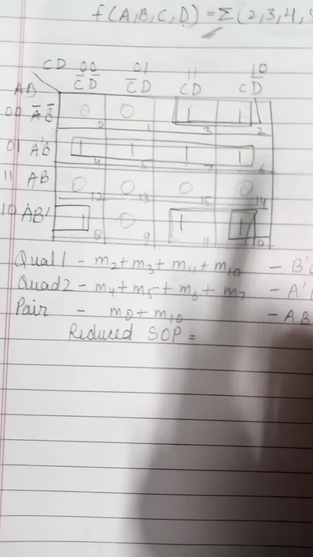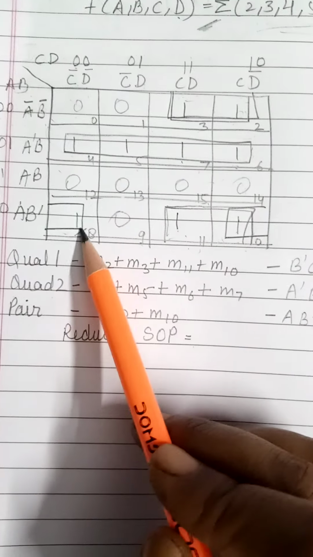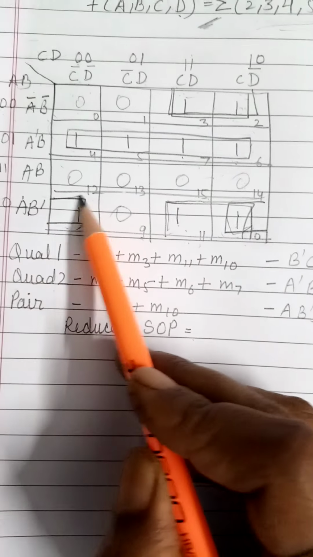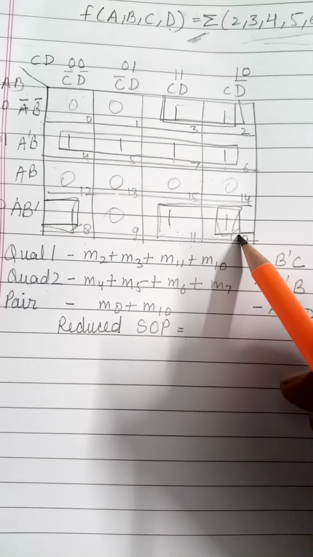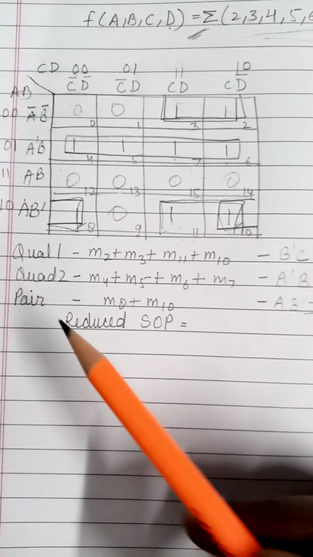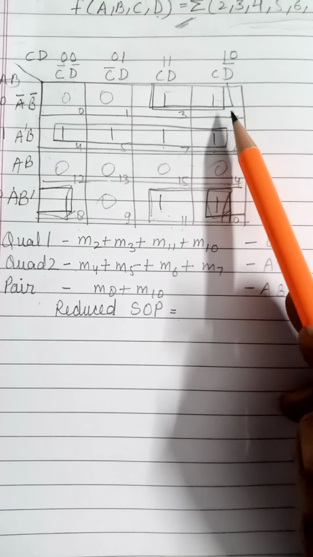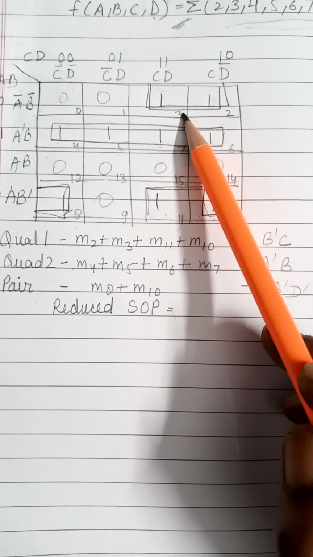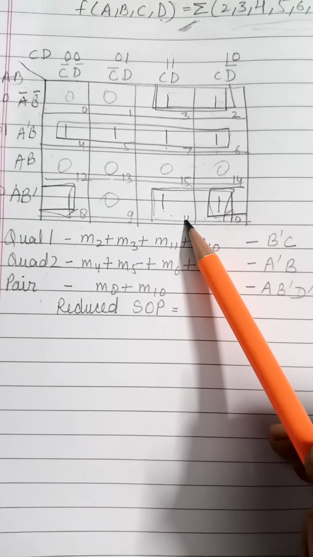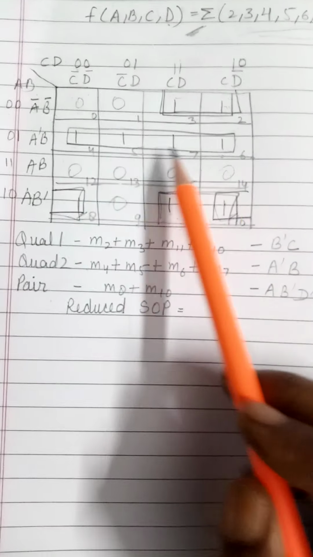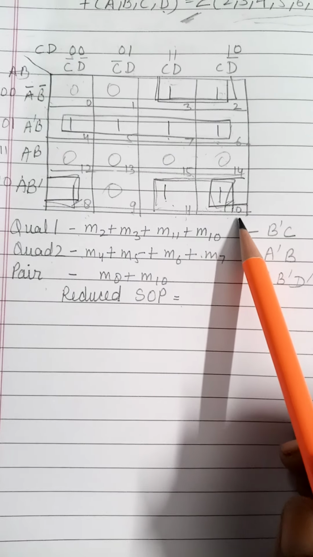Now any other quad? No. This single one is left out and this one. You can make a pair of these ones. So there will be 2 quads and 1 pair. Quad 1 is M2, M3, M10, M11. Then quad 2 is M4, 5, 6 and 7. Then the pair is M8 plus M10.